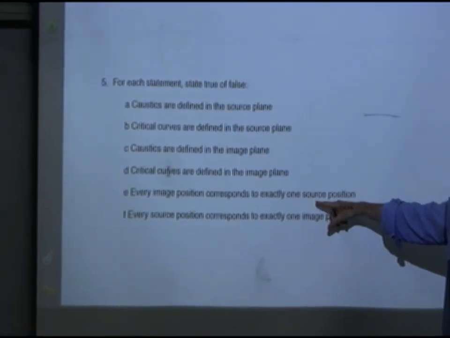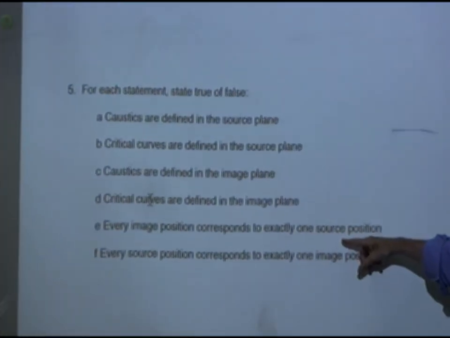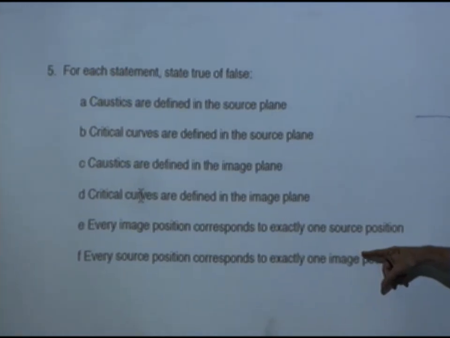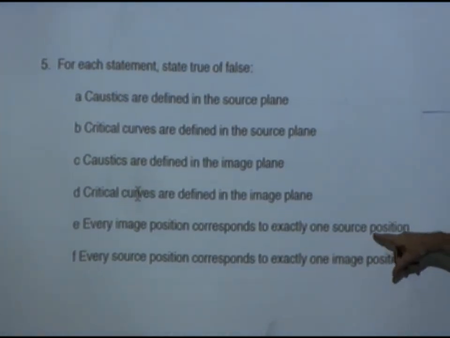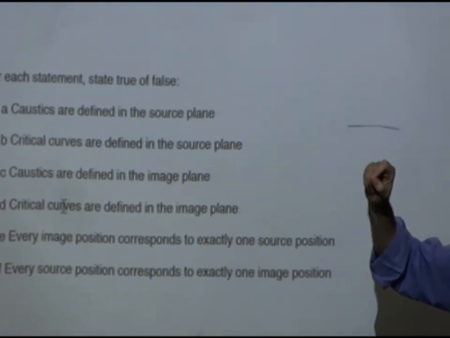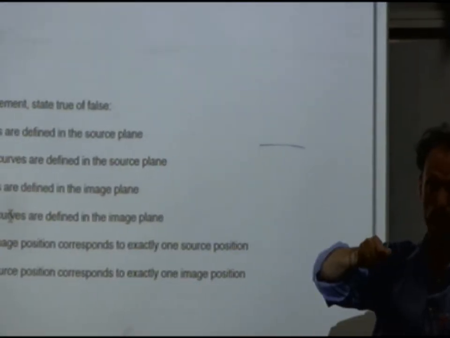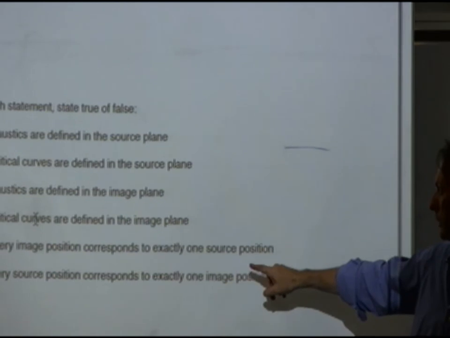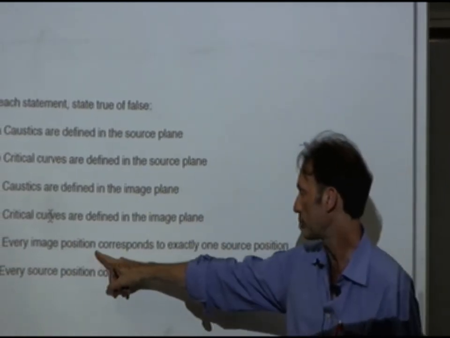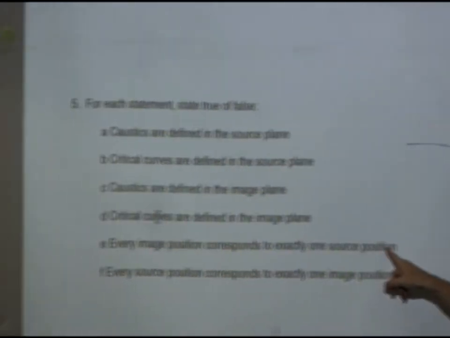Either this is about my English, or there really is something that is not clear. But the lensing equation gives you beta as a function of theta. It gives you the source position as a function of image position. So if I give you an image position, you can work out the source. There's only one answer, so every image position corresponds to exactly one source.